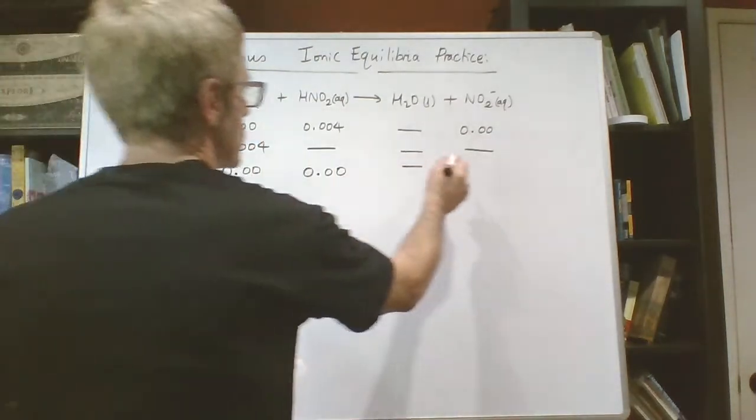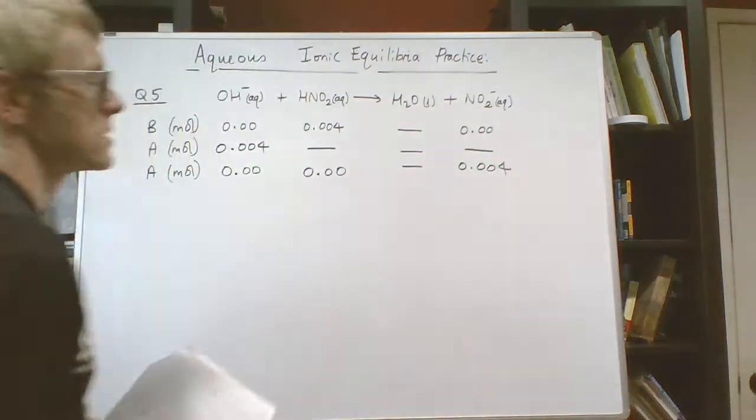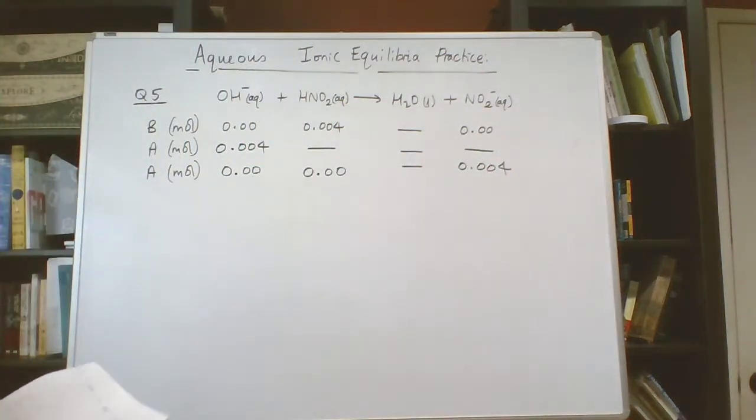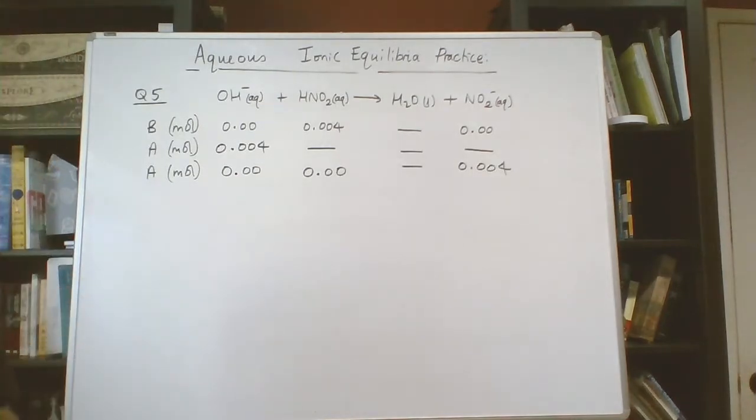But it's going to generate 0.004 moles of conjugate base. So similar to the previous question, I'm now going to pause, set up the ice table, and we'll play this thing out till its conclusion, and ultimately we'll calculate the pH.